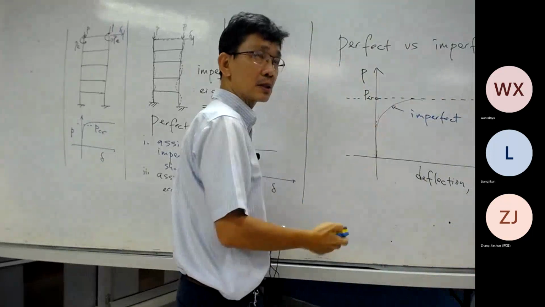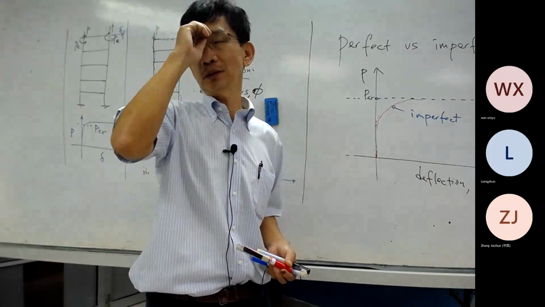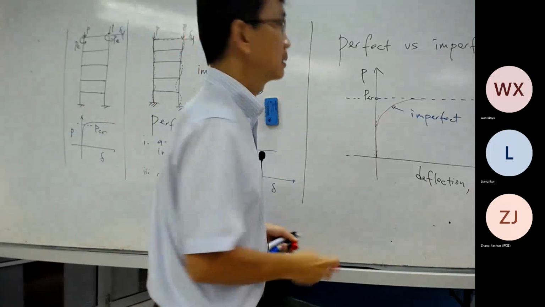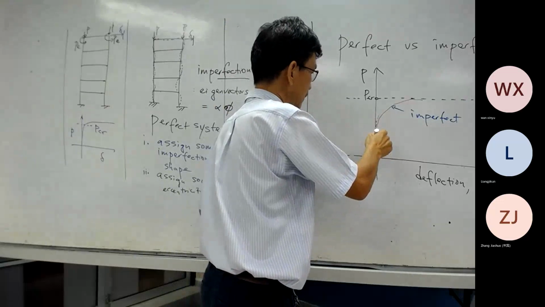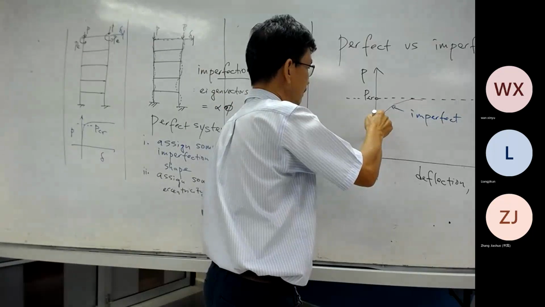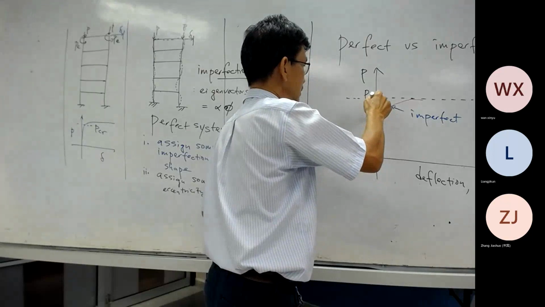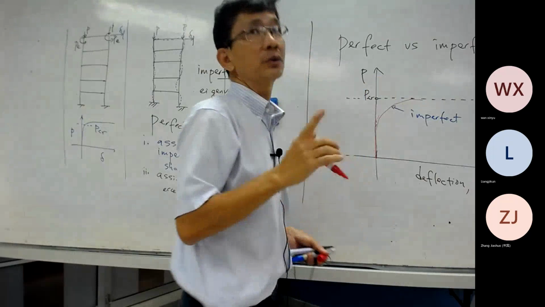That's why we have this. So based on that, for the perfect one, the delta must be zero when the P increases, so the graph follows this axis. This is the perfect one, because when you apply the loading, there is no delta.